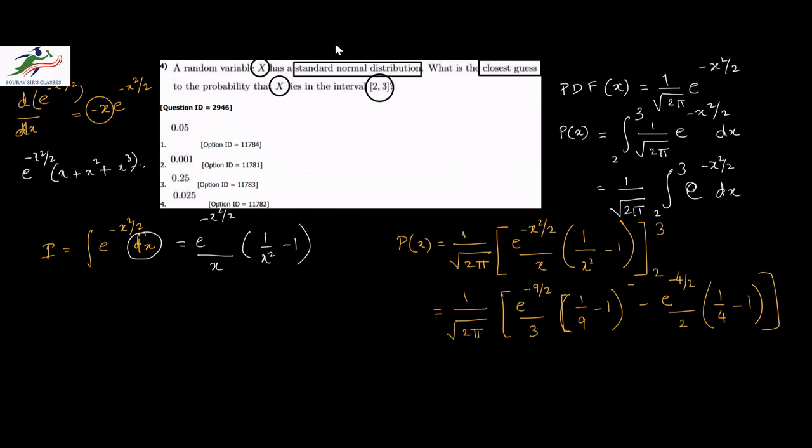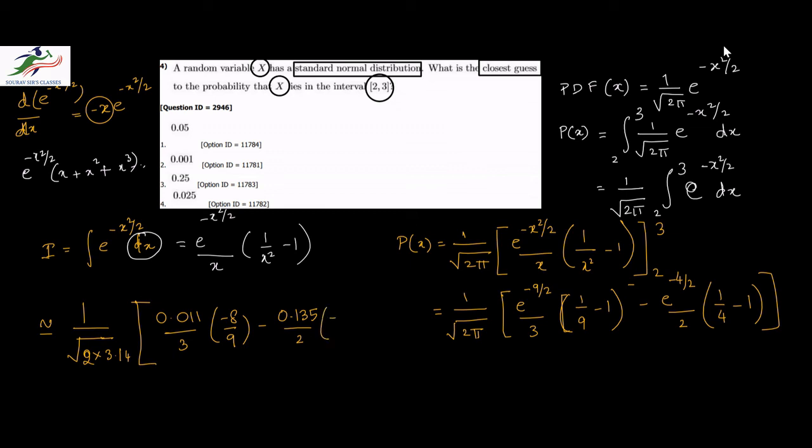So this would be the final value, and if we calculate this approximately, 1 by root over 2 pi is 1 by root over 2 into 3.14, and then e to the power minus 9 by 2 over 3 will give us 0.011 over 3 into 1 by 9 minus 1, which is minus 8 by 9, minus e to the power minus 2 square, which would be 0.135, by 2 into 1 by 4 minus 1, which is minus 3 by 4.